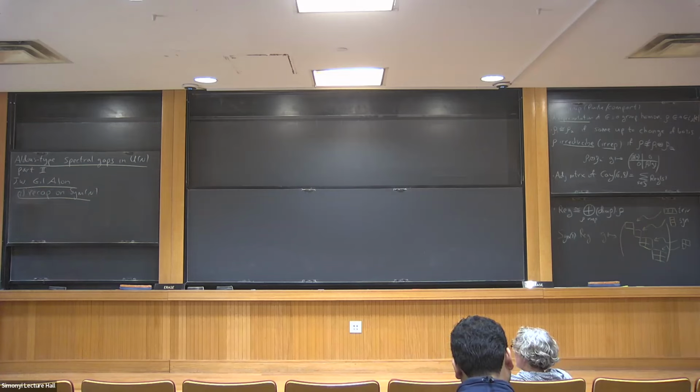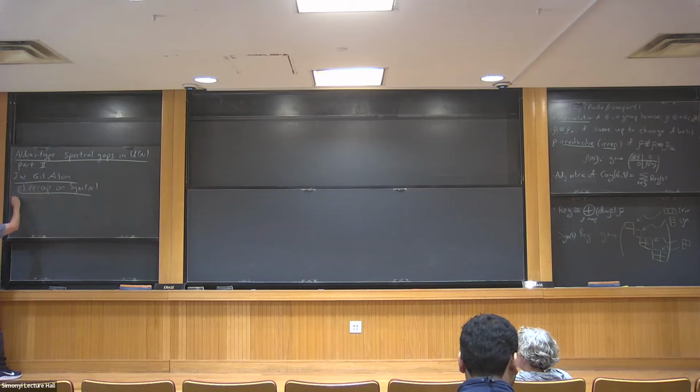First of all, what is the Aldous phenomenon in general? I hope I'm going to explain slightly differently from last time, and that it will be clearer, because last time there were some difficulties.